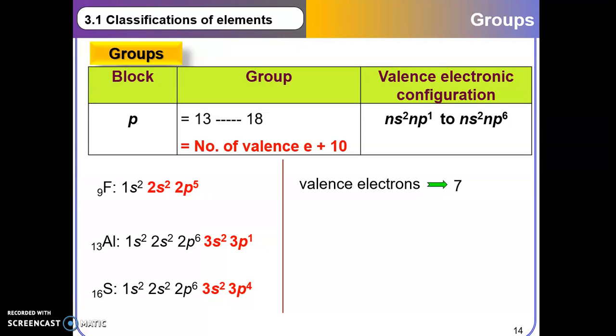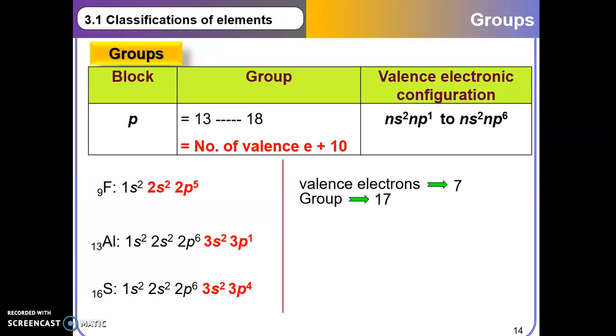And we know that fluorine is in P block, so we just add the number of valence electrons and 10. So the group number will be 17.